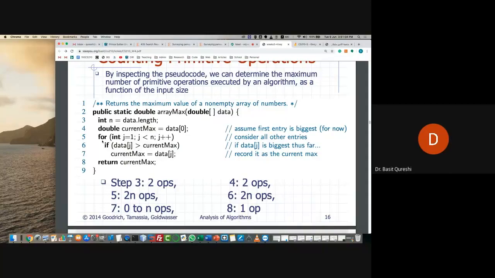Line number 8 is return current max. Is this inside the loop or outside? It's inside. Are you sure? Is it? No, it is not. That's not inside the loop. I don't know if you studied with the curly braces or without the curly braces. If there's no scope defined for the loop, this means only the next line is inside the loop.